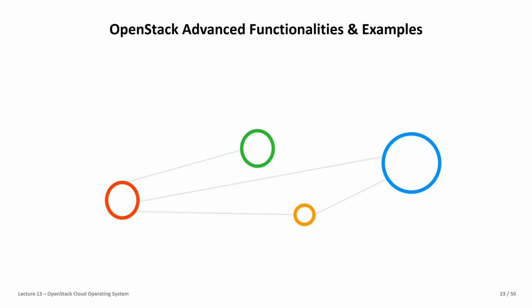That's why in the second part of this lecture 13, we will not go again through all the different services, because you have learned the key services already in the beginning. Now, the interesting thing is to think about how these things work together. You can combine them extremely nicely.